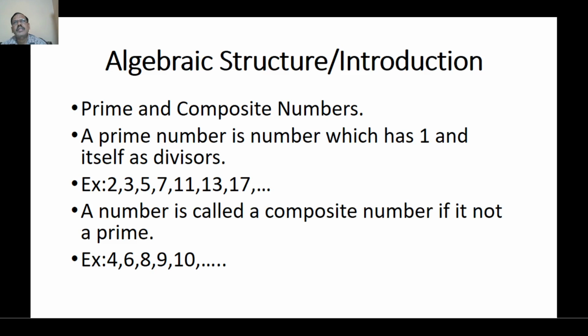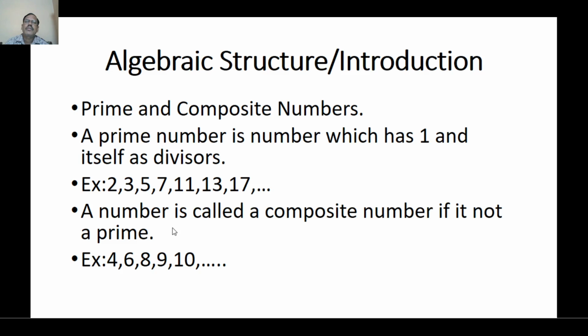Suppose you take 10, the divisors of 10 are 1, 2, 5 and 10. So it has divisors other than 1 and 10. So it is a composite number. Take 6, the divisors are 1, 2, 3 and 6. Take 4: 1, 2, 4. Take 8: 1, 2, 4, 8.